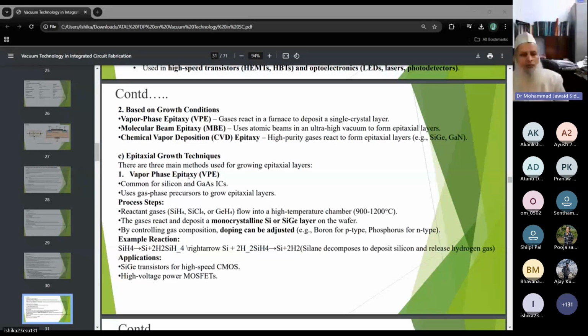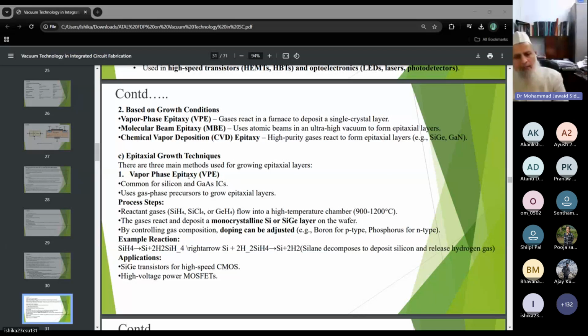Yeah. So based on the growth technique, we can use vapor phase epitaxy, or molecular beam epitaxy, which is one of the very important processes used frequently in integrated circuit fabrication, and it uses ultra high vacuum. Now the vacuum technology is employed in molecular beam epitaxy, and using it we can deposit different layers over different layers, heteroepitaxy.